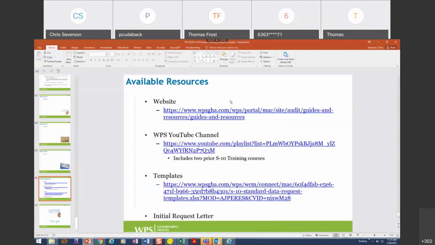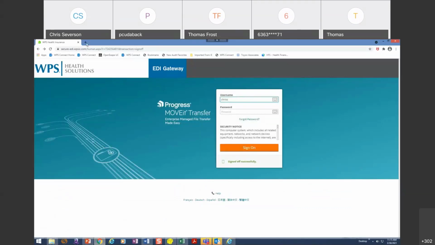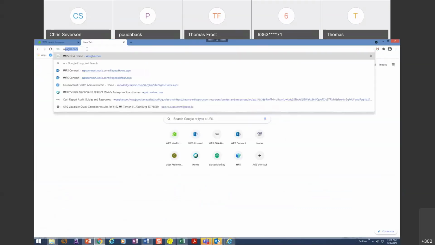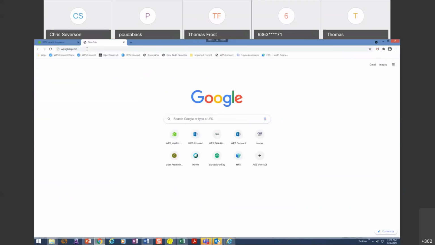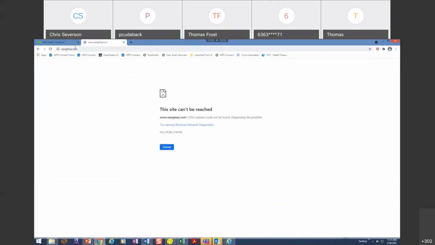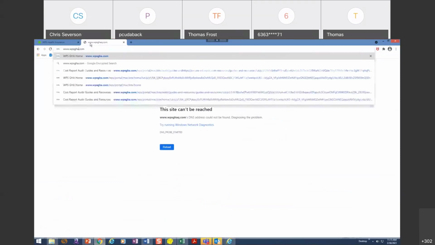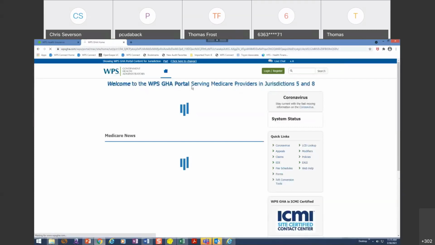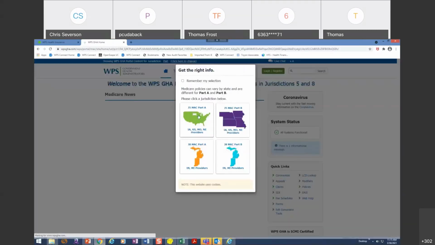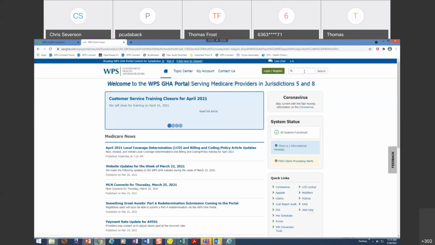We have on our website a link to the S10 article. In fact, we have time, so I'm going to show you where that is here. If you search in our search bar for S10, that should take you right there.